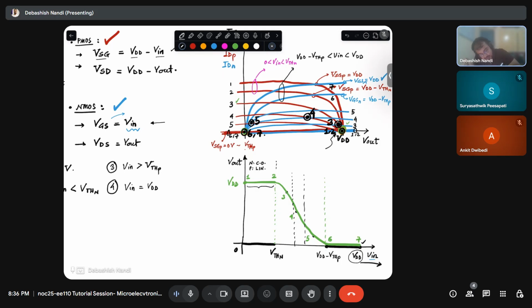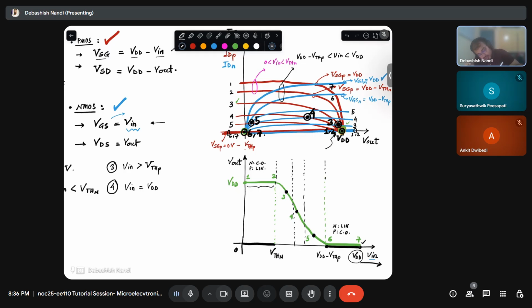And in this region, what is the case? Similarly, let's say in this case, NMOS and PMOS. Here your PMOS is in cutoff and NMOS is in linear region, right? Now let us take point 3. Point 3 is in this region.